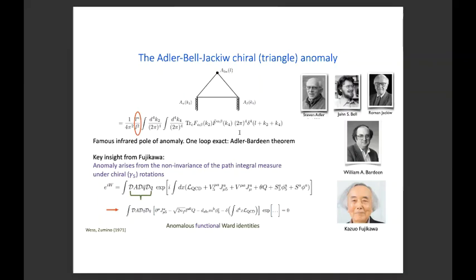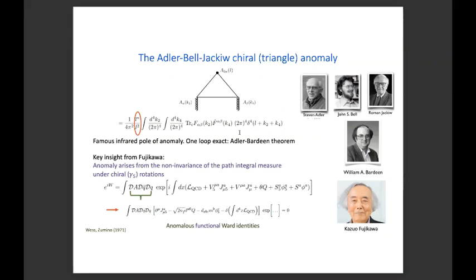And so in general, you can think about the anomaly as arising from the non-invariance of the path integral measure under chiral rotations.